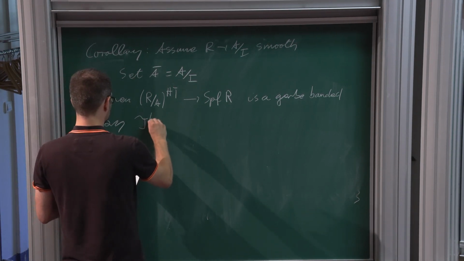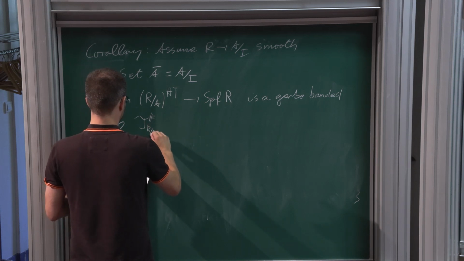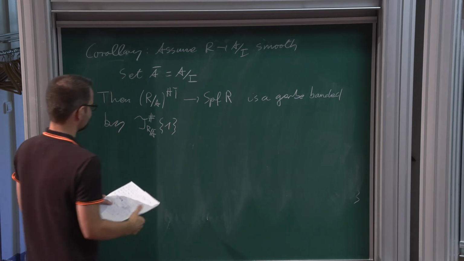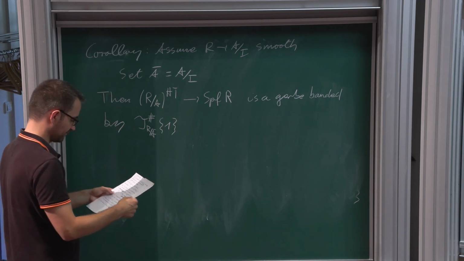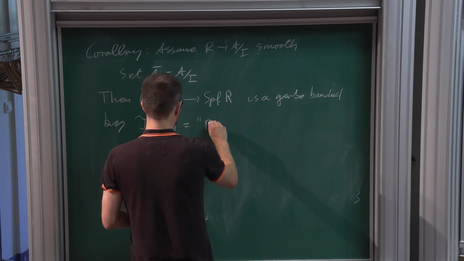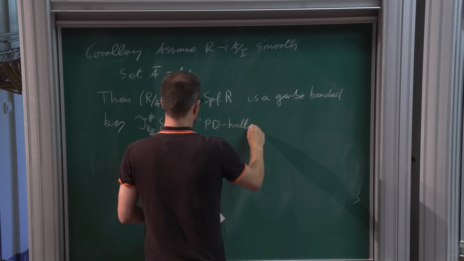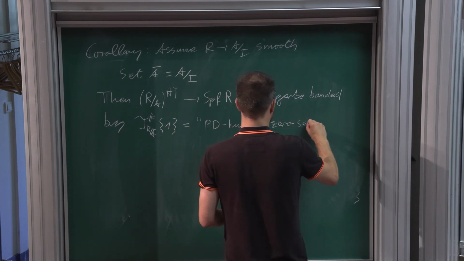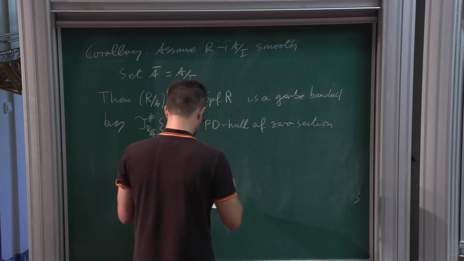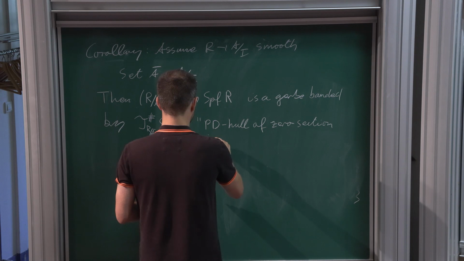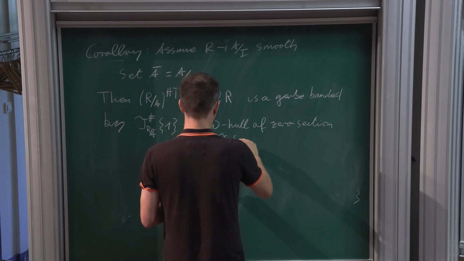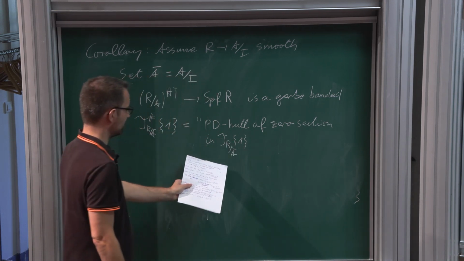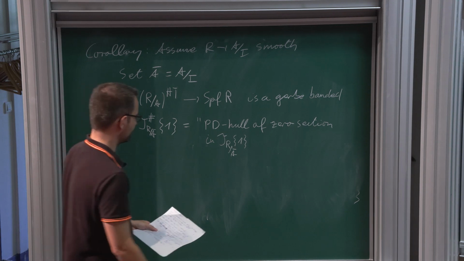It's denoted T_{R/A bar} sharp, Breuil-Kisin twisted by 1. And so what is it? It's the PD hull of the zero section in the twisted tangent bundle of R over A bar. And so what is this?